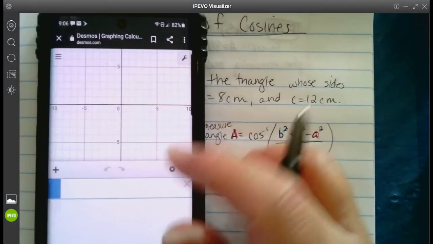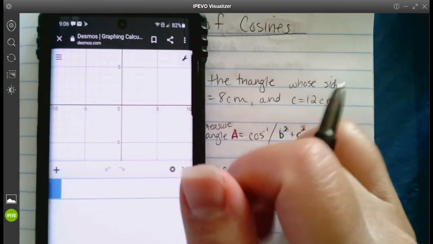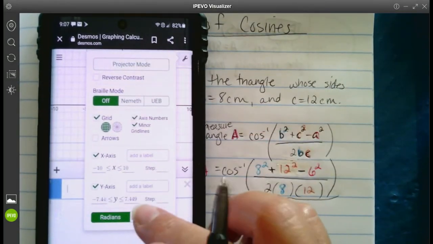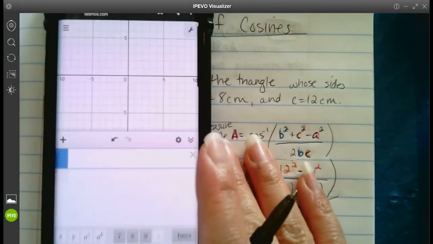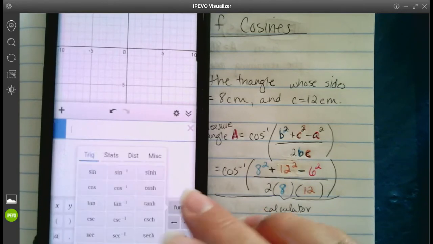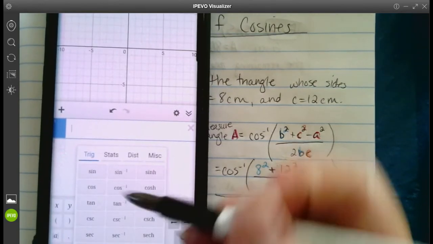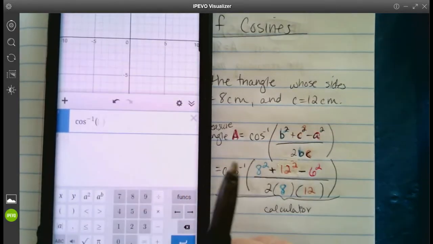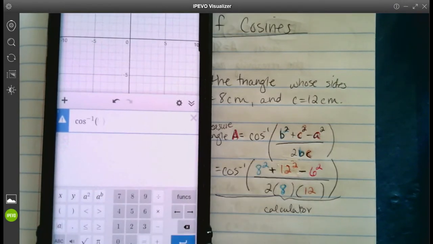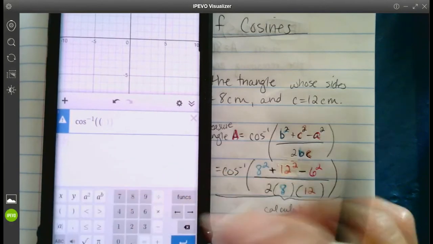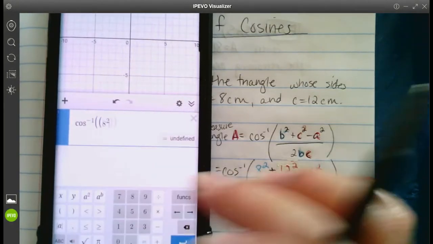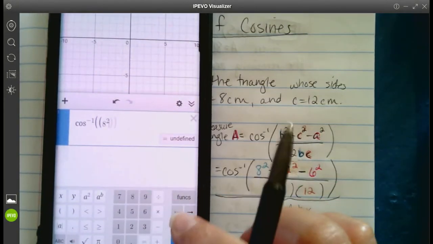Make sure again that this is going to be in degrees. So go up here to your little wrench or tool or whatever that is, press degrees, and we are in degrees. Okay, go to our functions. We want the inverse, which is the middle column, inverse of cosine. By the way, it's always going to be cosine because this is the law of cosines. I like to put everything on top in parentheses just to make sure that I don't have divisions in the wrong spot.